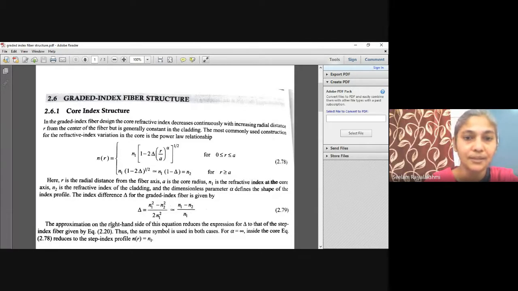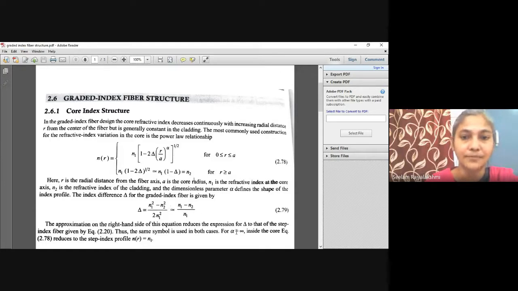With this approximation on the right hand side of the equation, the expression reduces to that of the step index optical fiber. So delta equals n1 minus n2 by n1, which is the same for the graded index optical fiber and also the step index optical fiber.